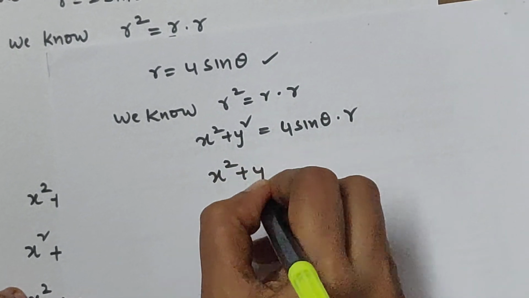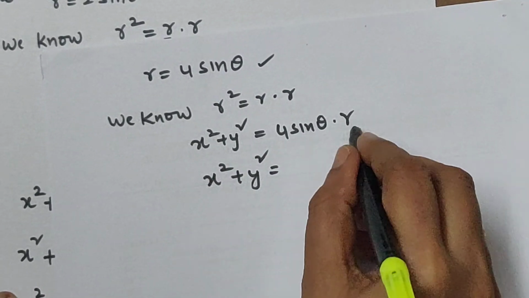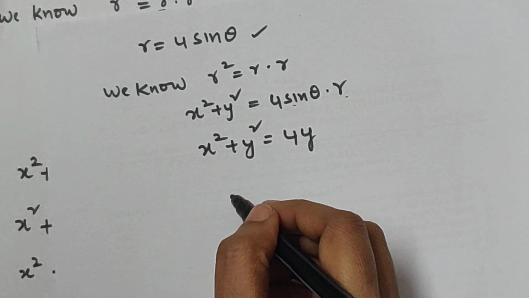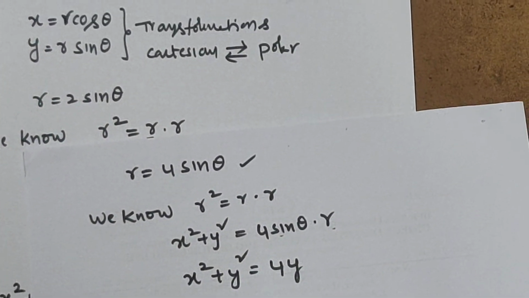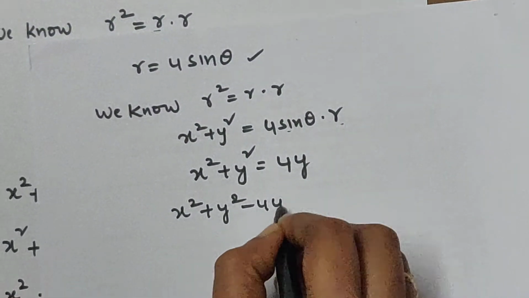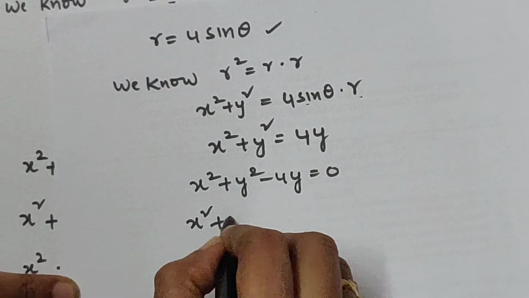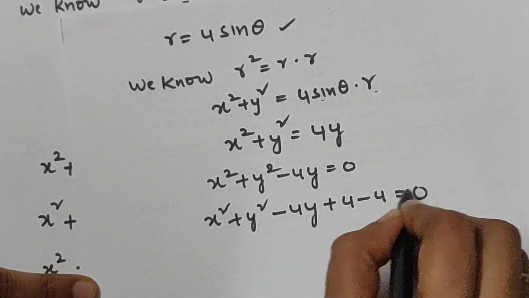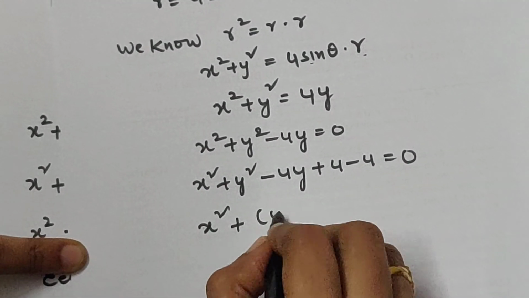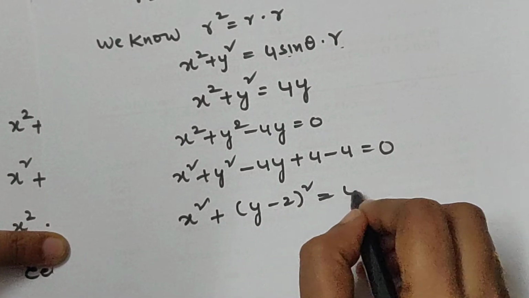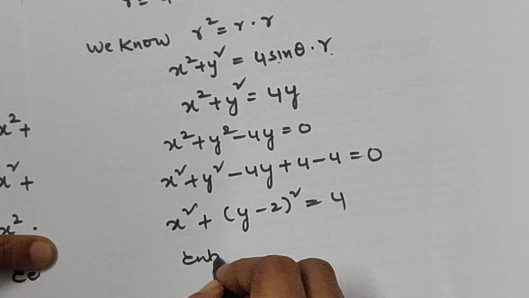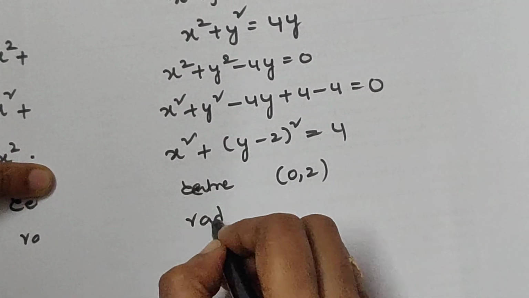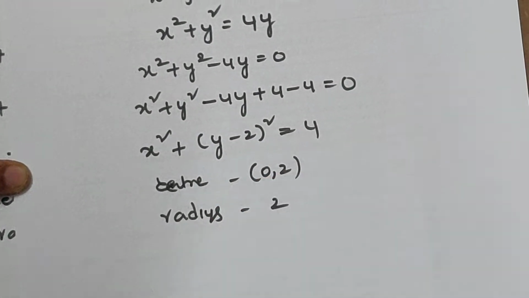So x square plus y square, r sin theta means y. So x square plus y square minus 4y equal to 0. x square plus y square minus 4y plus 4 minus 4 equal to 0. x square plus y minus 2 whole square equal to 4. So here the center is 0, 2, radius 2 units.